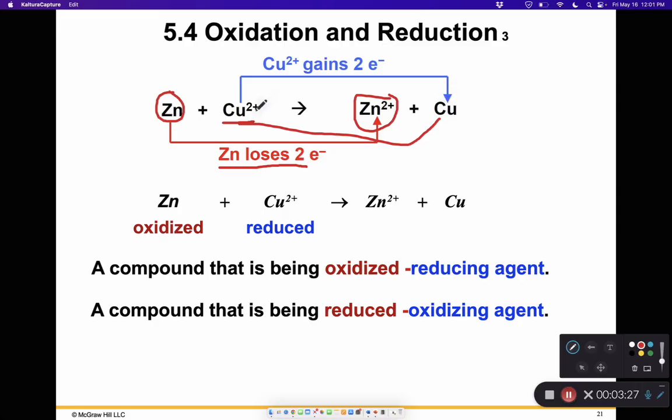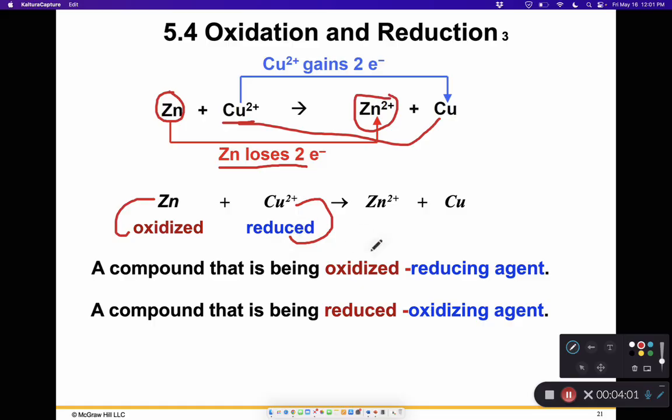It was positively charged, it gained the negatively charged electrons, the charge is balanced and now it has no charge on it. So we write our equation: zinc with copper ion gives us zinc ion and copper metal. Here zinc undergoes oxidation, so we say zinc is oxidized. The copper ion undergoes reduction, so we say the copper ion is reduced.